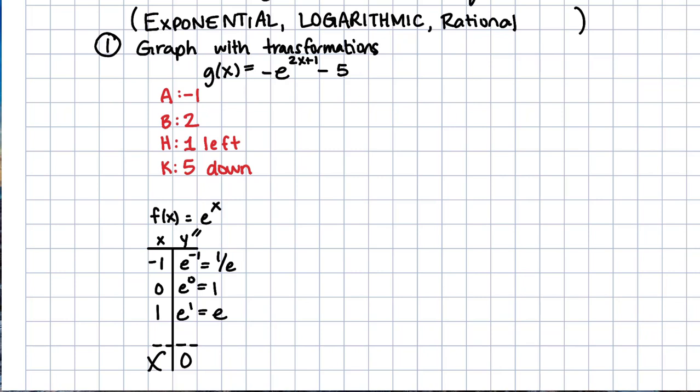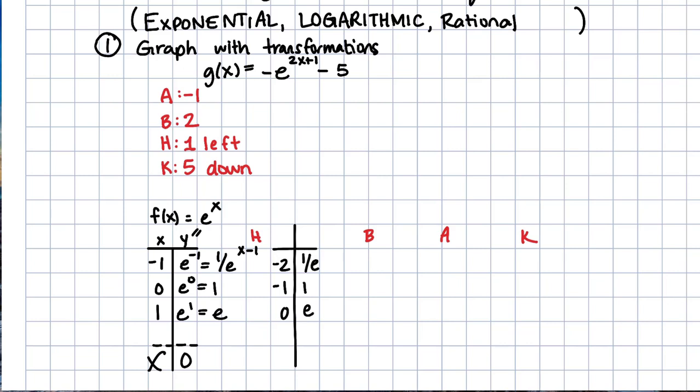Okay, so starting with our first transformation, it goes h, b, a, k, leaving ourselves a nice amount of room. For the h, we have a 1-unit left shift, which means that we're going to subtract 1 unit from our x's. So we get -2, -1, 0, and the y's stay the same.